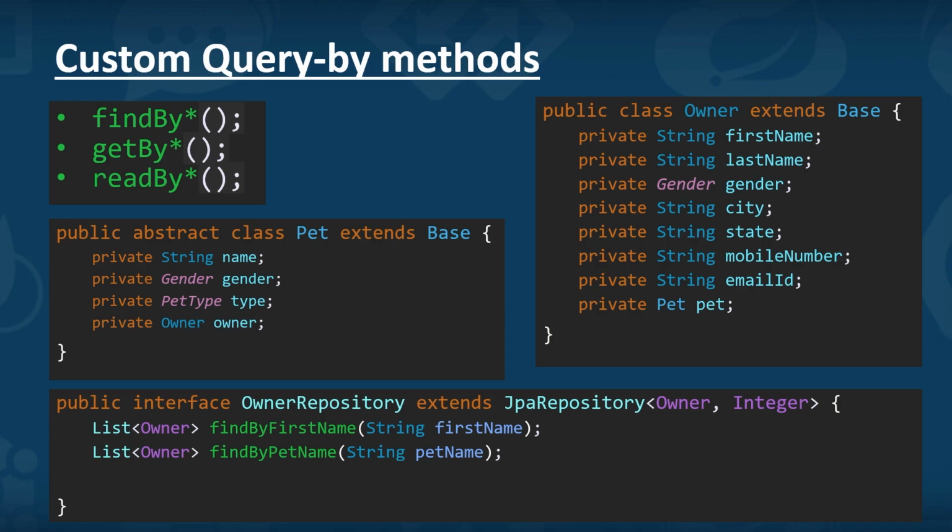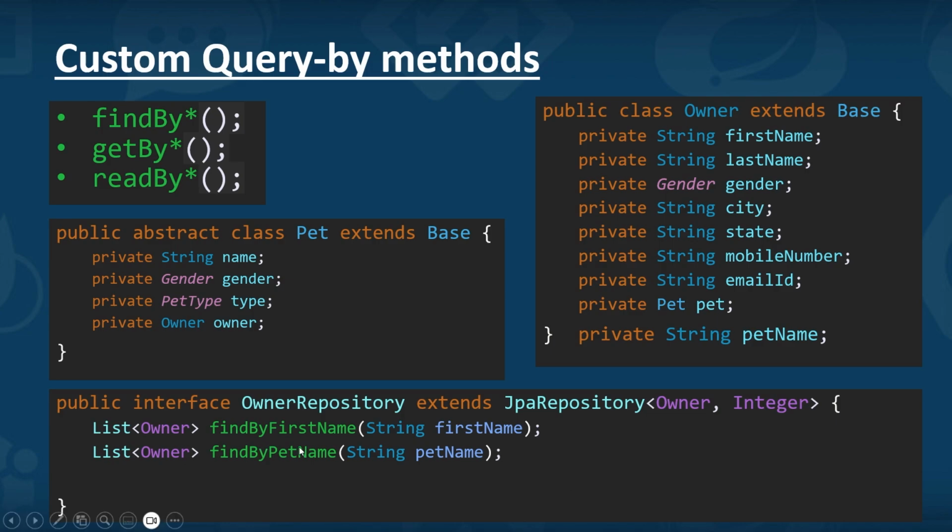The problem is, let's say that in future, due to some XYZ reasons, in your owner class you add a variable like this. Now you will say, okay Abhishek, this is not within the class. I just want to highlight that we added it later on. Just try to understand: in future we have added a field, a column, and the name of that field is pet name.